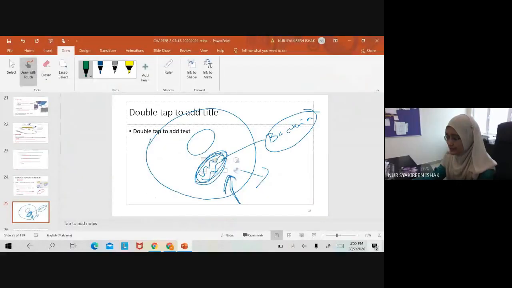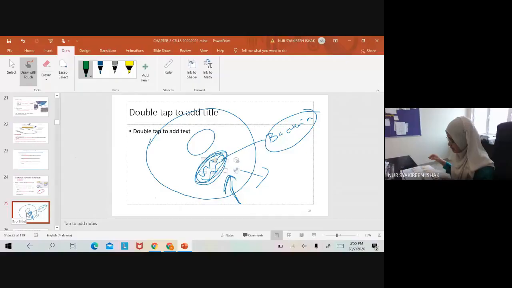Ada soalan lain? Ada soalan? Tak ada soalan, kita break sekejap 2 minit. Kalau nak pergi toilet ke, nak pergi ambil air ke, boleh lah. Sebentar saya cari kalau jumpa tak endosymbiotic theory.